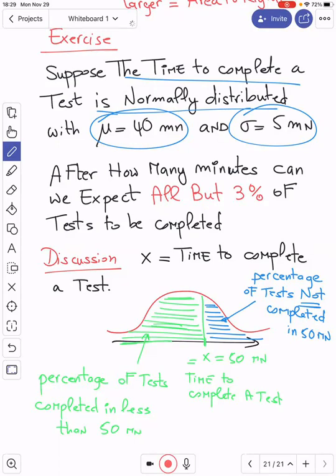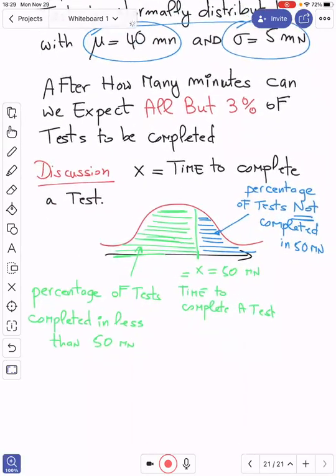Now, what we want is, how many minutes can you expect all but 3% of tests to be completed?